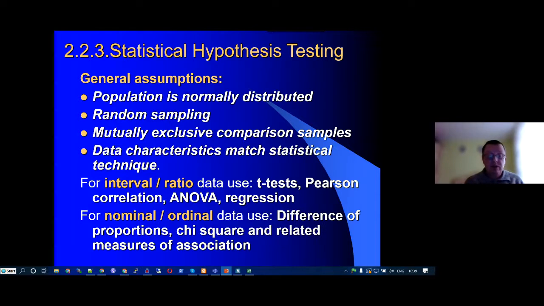In contrast, when we talk about nominal and ordinal data, difference in proportion, chi-square, and related measures of association have to be applied. Again, depending on the data type, we must select proper methods of hypothesis testing.